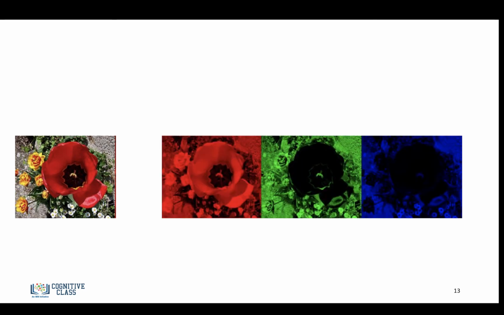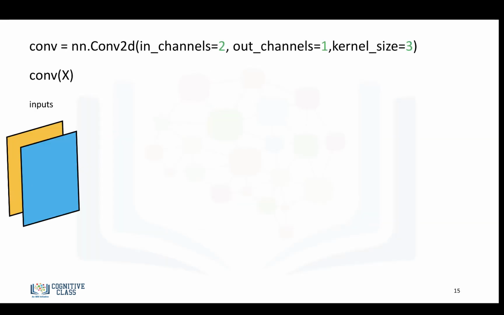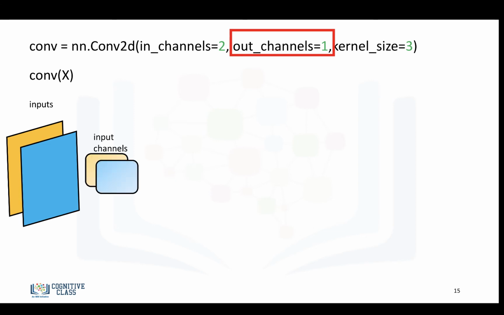You might have multiple input channels in an RGB image, where each channel represents a different intensity of red, green, and blue. We'll have multiple channels in a convolutional neural network. For multiple input channel convolution, we'll have 1 output, and for every input channel, we'll have our own kernel.